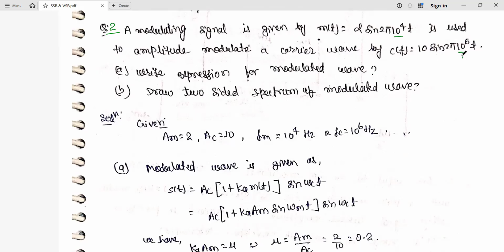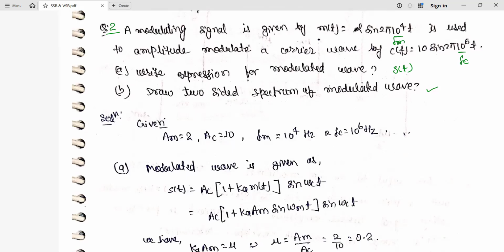So 10 to the power 6 is the carrier frequency and 10 to the power 4 is the message frequency. Write the expression for the modulated wave, so we have to obtain s of t, and draw the two-sided spectrum of the modulated wave. A spectrum question is many times asked, so this question is very important.